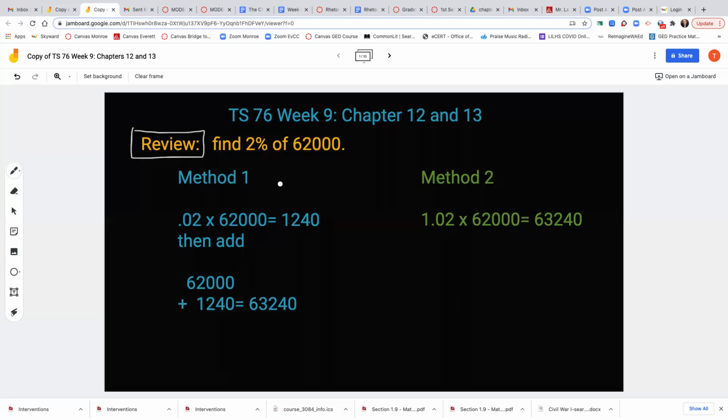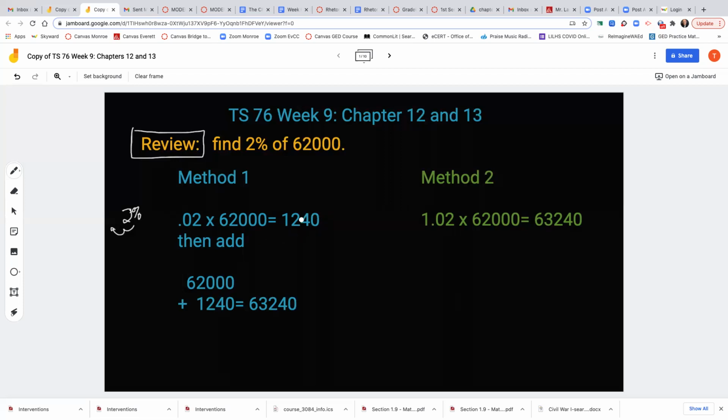If they ask you to find what a 2% increase on $62,000 is, the first method is to multiply this 2% that they give you, turned into a decimal by moving the decimal point 2 places to the left, so it's 0.02 times the 62,000, and you get $1,240.